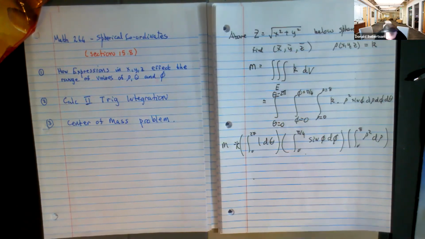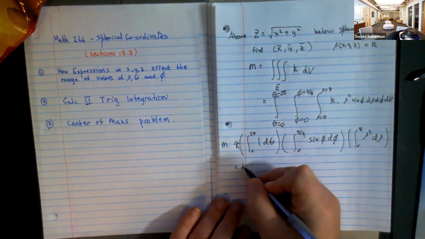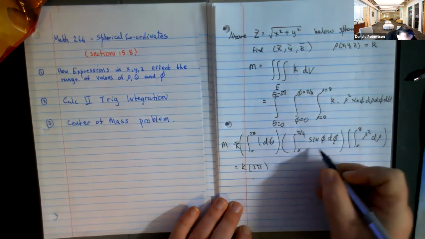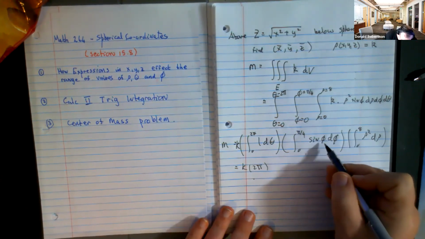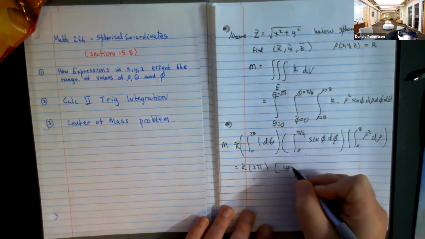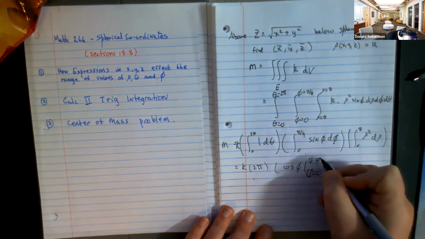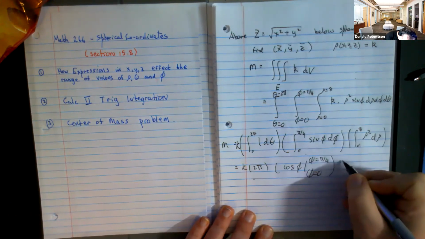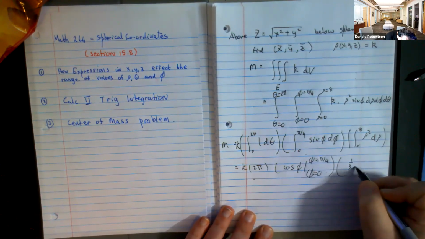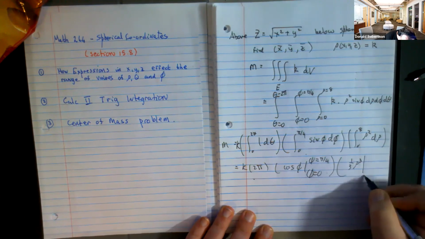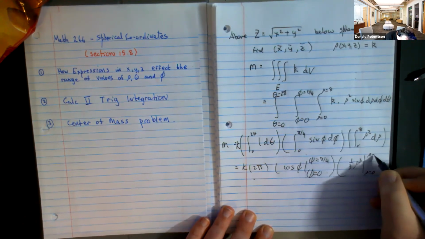Okay, so what am I going to do? I'm going to get 2 pi. Won't that be the cosine of phi evaluated from 0 to pi upon 4? And won't this one be 1/3 rho cubed evaluated from 0 to 8?